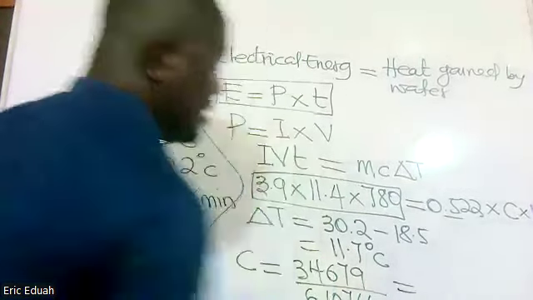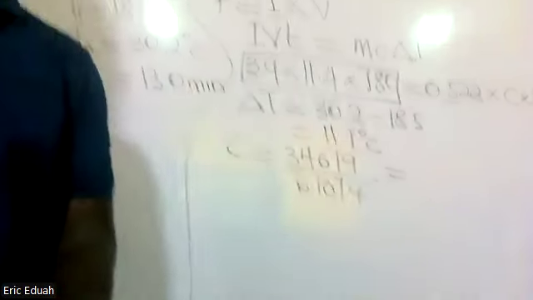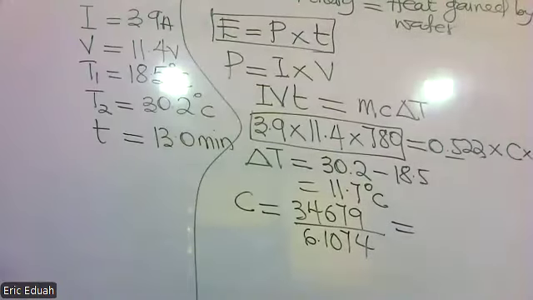So when you divide the numerator by the denominator, tell me whatever will be there as the specific heat capacity of water.